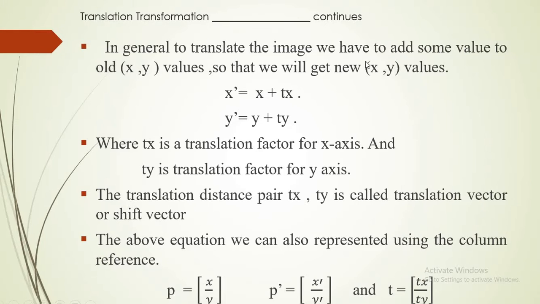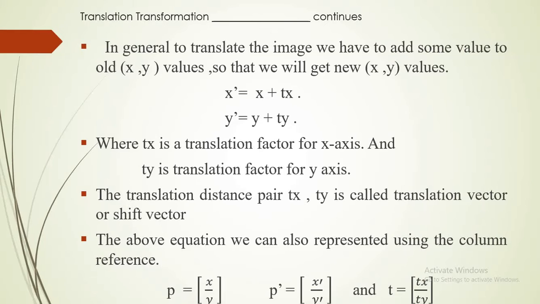Here x dash is equal to x plus tx and y dash is equal to y plus ty. This means we add the translation factor to our old coordinate and we get the new coordinates, that is x dash and y dash.